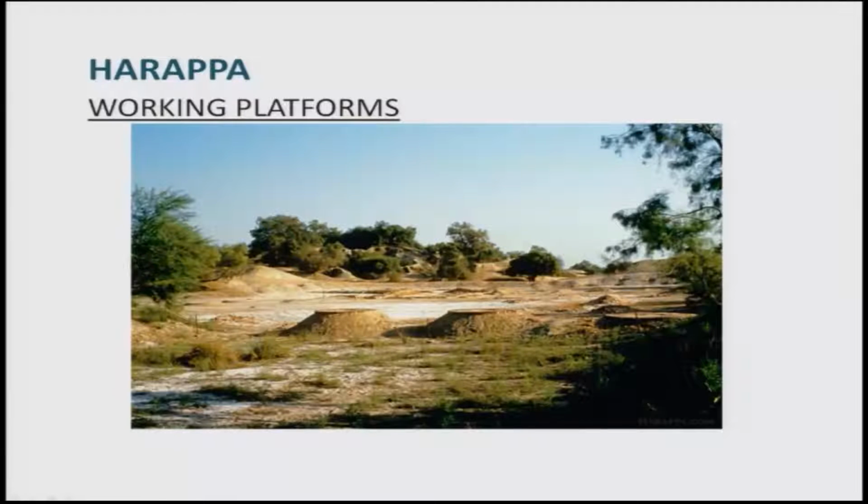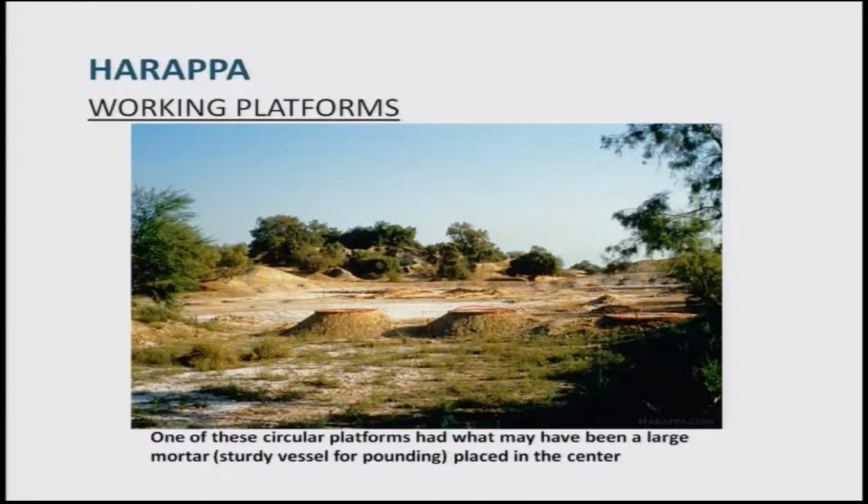So, there are also working platforms found in the Harappan excavation site. If you look, this is one of them, this is another, and there is also one here somewhere. These are quite huge, circular in nature, with a sturdy vessel, and you can call it a mortar.